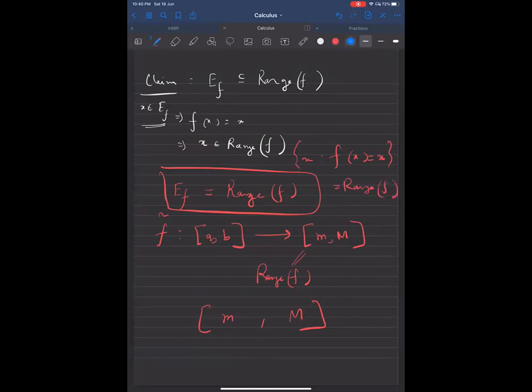So intuitively, what we are saying is some points are being mapped to themselves, and the other points are being mapped to these points. They're not mapped to anything else. They're somehow mapped to these points.